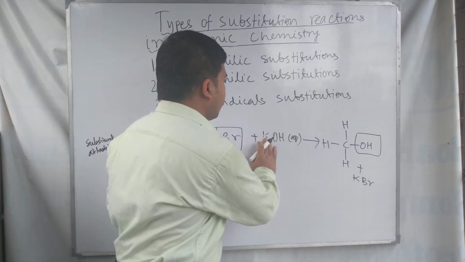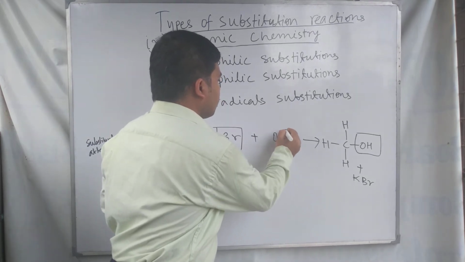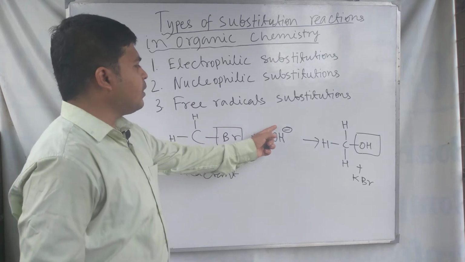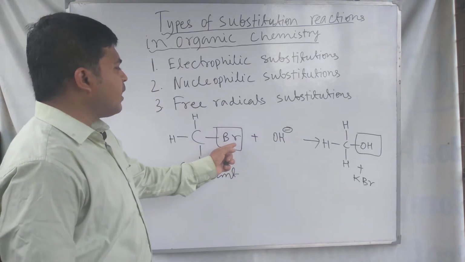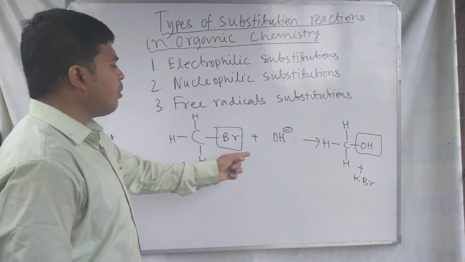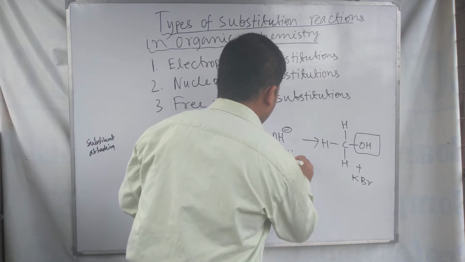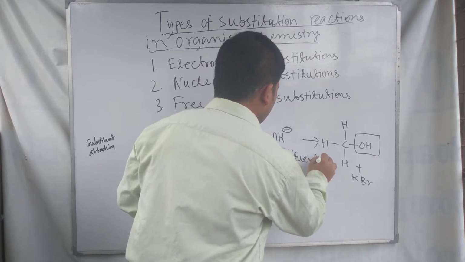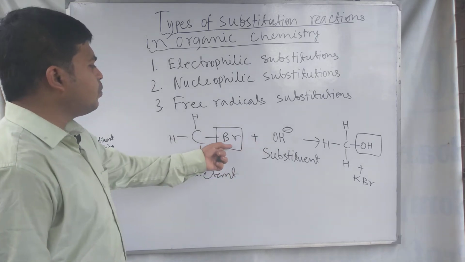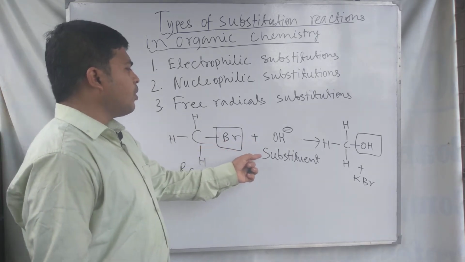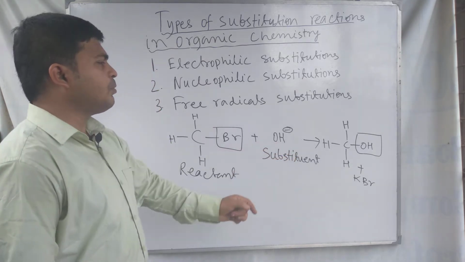The OH minus is replacing the bromine atom, and for this reason the OH minus is called the substituent. The bromine atom is substituted by the OH minus group, so this is the substituent.